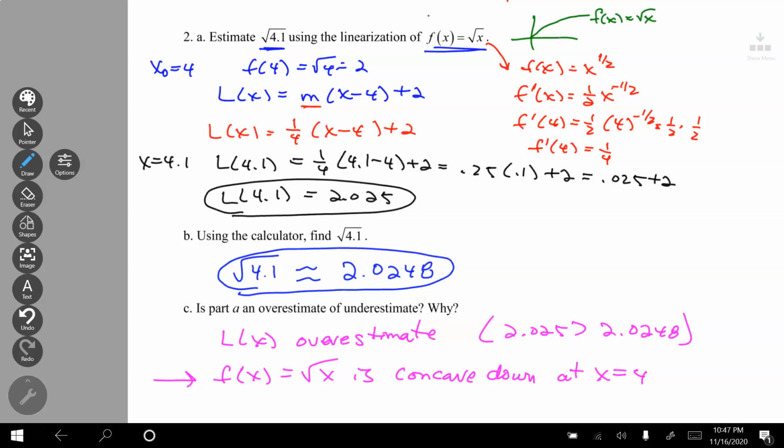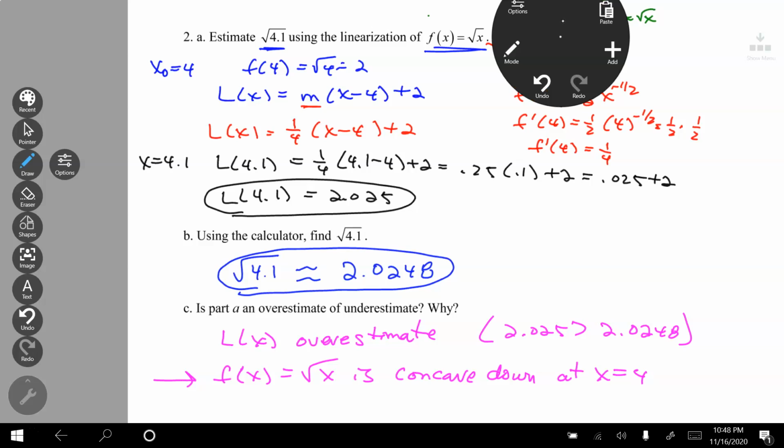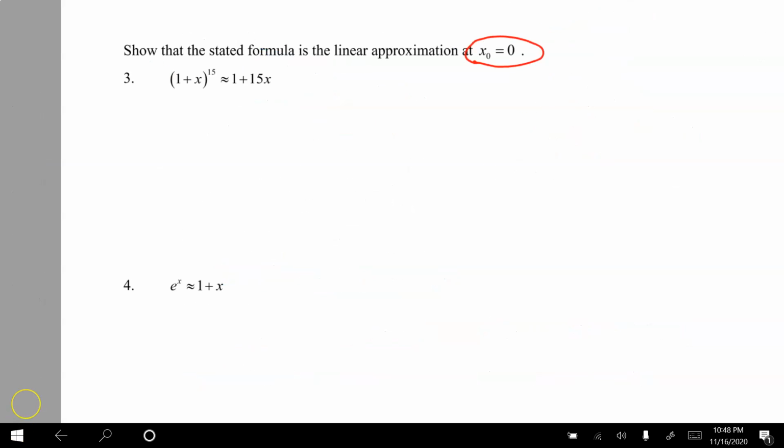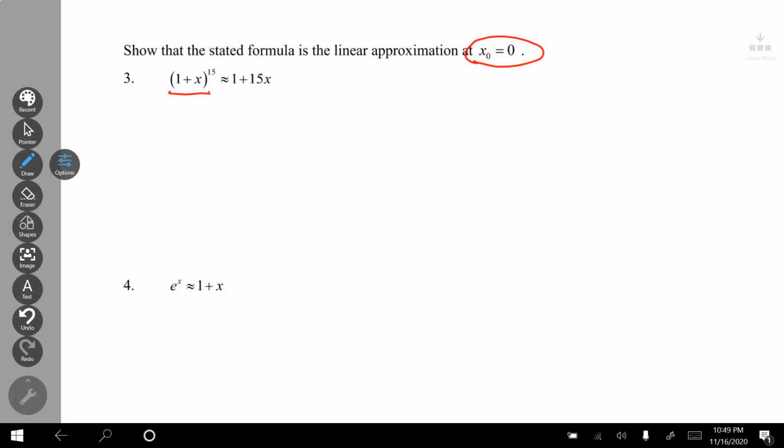And you come over here, here's x equals 4. You can see at this point right there that it is concave down. So I'm going to show that these functions, 1 plus x raised to the 15th, e to the x, are approximately equal to these other values when I have something very close to x equals 0.